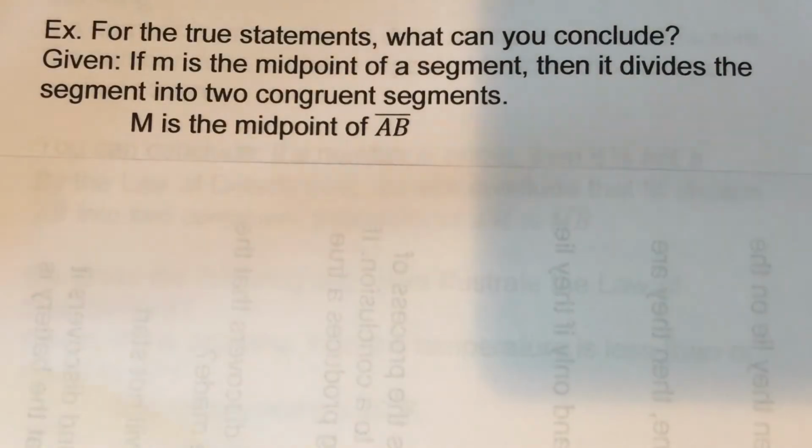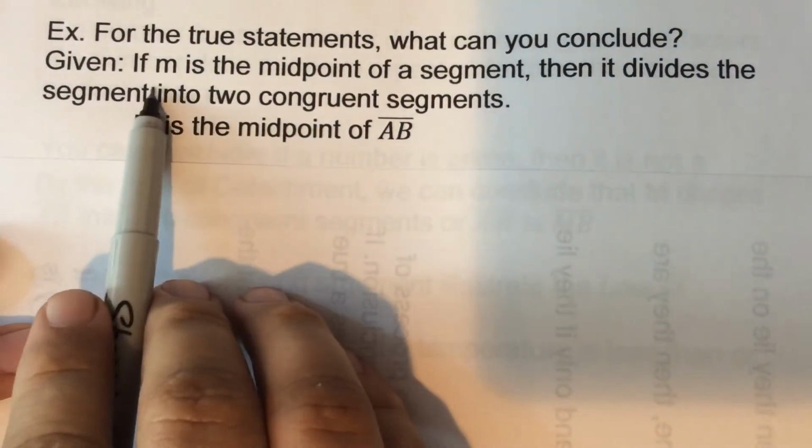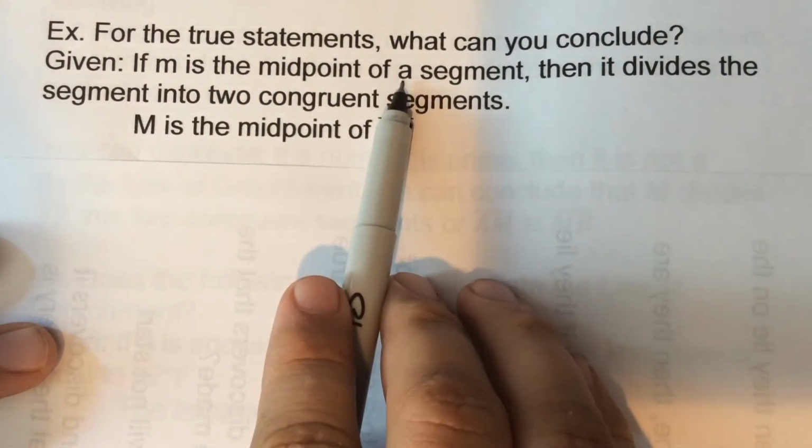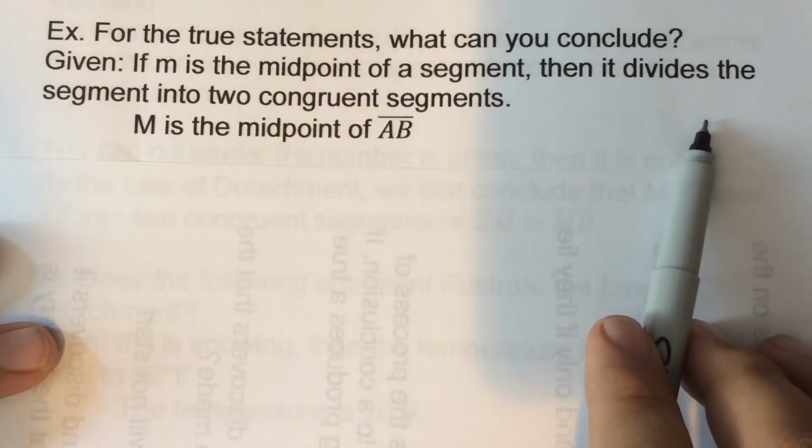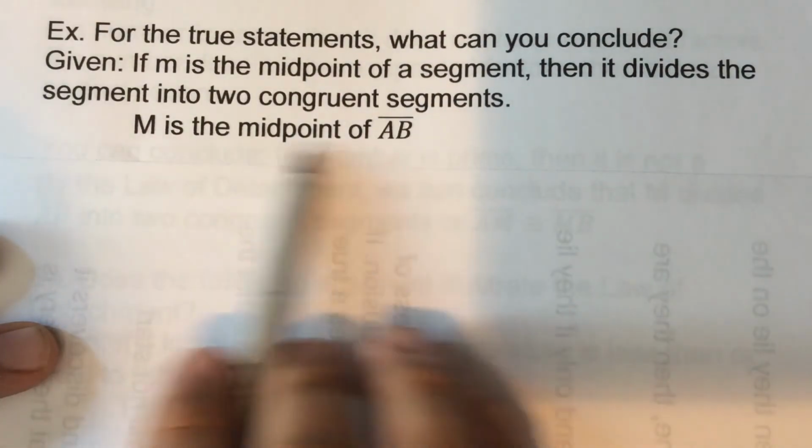So, for the true statements, what can you conclude? Well, we're given that if M is the midpoint of a segment, then it divides the segment into two congruent segments. We also know that M is the midpoint of AB. So we have the if-then here of if it's a midpoint, then it's divided into two congruent segments. Well, it's saying M is the midpoint.